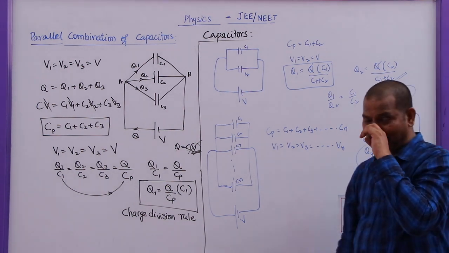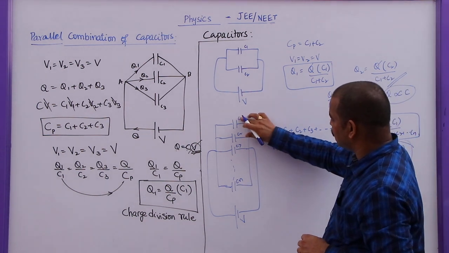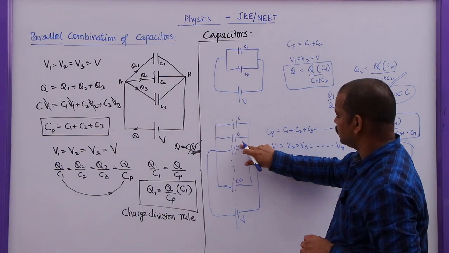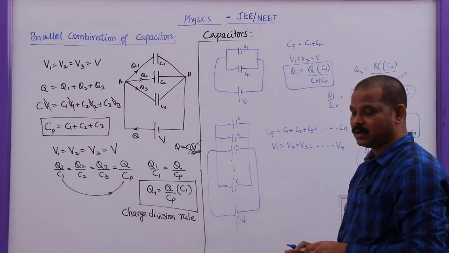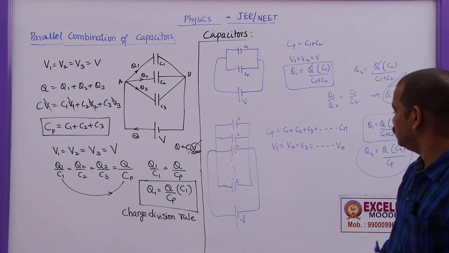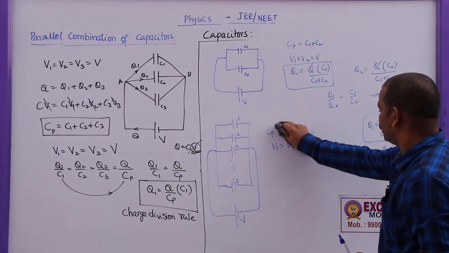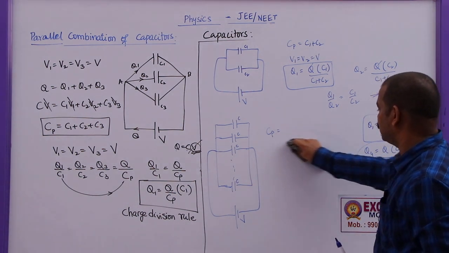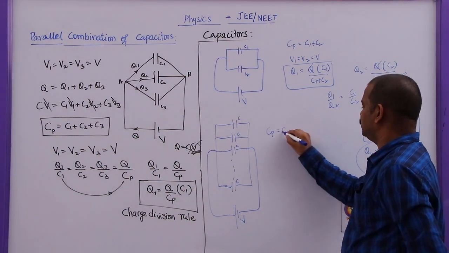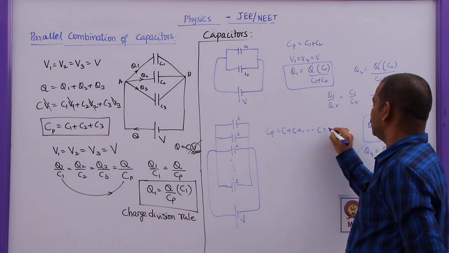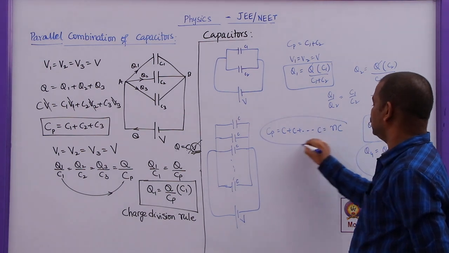Now, if there are n similar capacitors, that means all the capacitors are identical capacitors, then how will these formulas change? Cp is equal to C plus C and so on, up to C. This is nothing but nC.